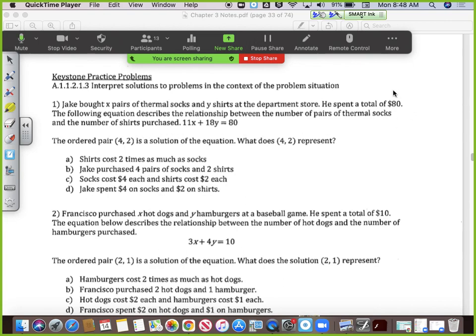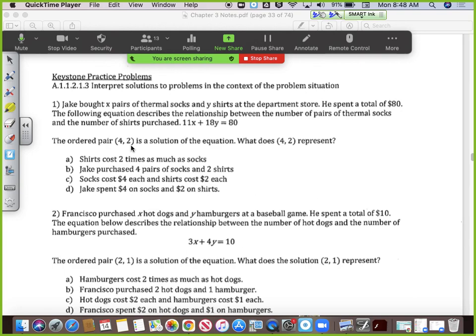So I can see the $80 in the equation. It's equal to 80 right here, and I can see that this is 11 times X plus 18 times Y. They're telling us X is the number of thermal socks he's buying, so it's 11 times X is the number of thermal socks. And then Y represents shirts. It looks like it's 18 times Y here. So now we're looking for what 4-2 represents.